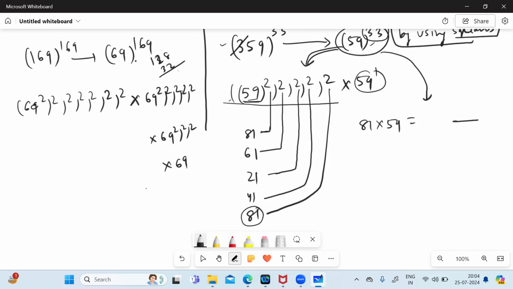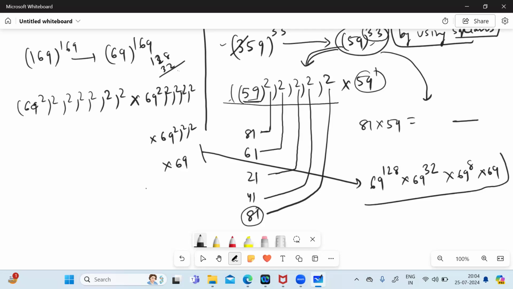So basically I converted the entire multiplication, as I'll write it here: 69 to the power 128 into 69 to the power 32 into 69 to the power 8 into 69. Is it fine? What is it? 69 to the power 169.